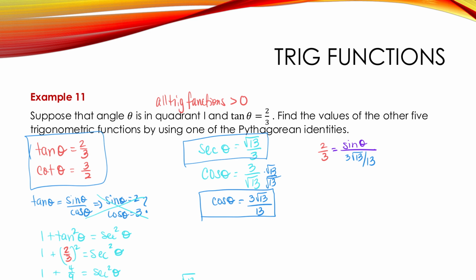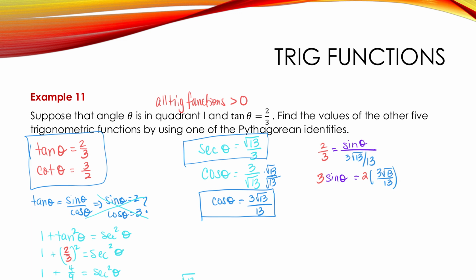Well, this is where we can do some cross multiplying and say that 3 sine theta is equal to 2 times 3 root 13 over 13.